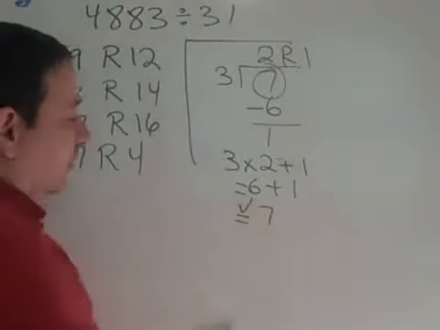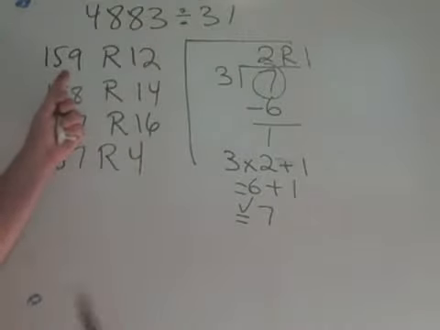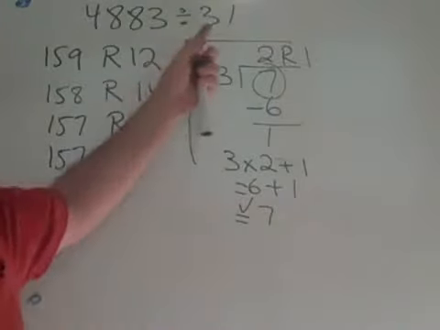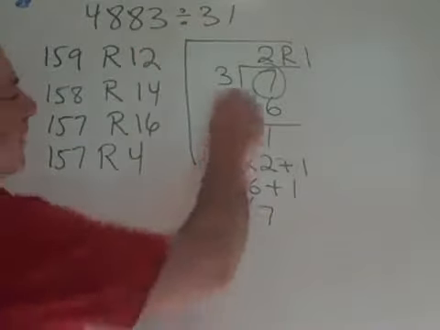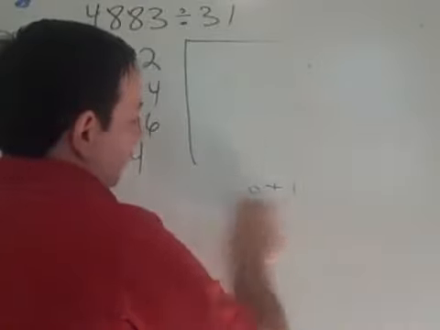That's what we wanted. So you can multiply this 31 by 159 and add 12. But that's even way too complicated. If that's the way you're going to do it, my advice is to do some long division. This is the second concept that I want you to think about.